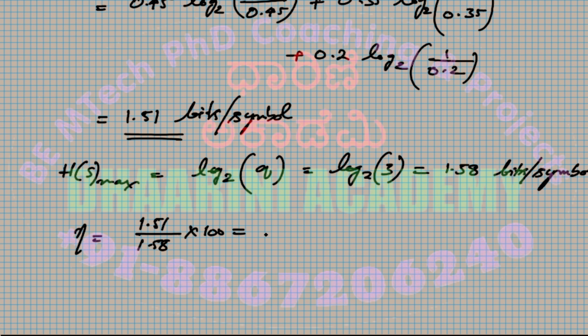Okay, so this comes to approximately 95%. So you can calculate R eta is equal to 1 minus eta s, that is 1 minus eta s for the fractional case. Otherwise, this is 100 minus 95. So that is equal to 5%. Is it okay?